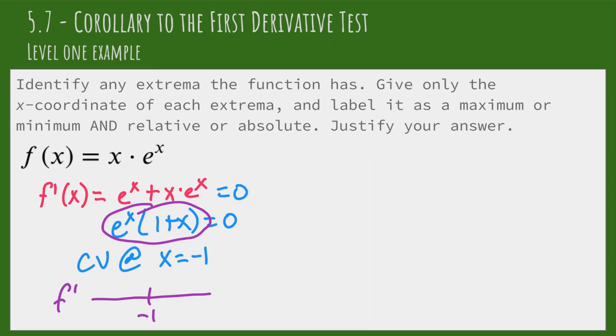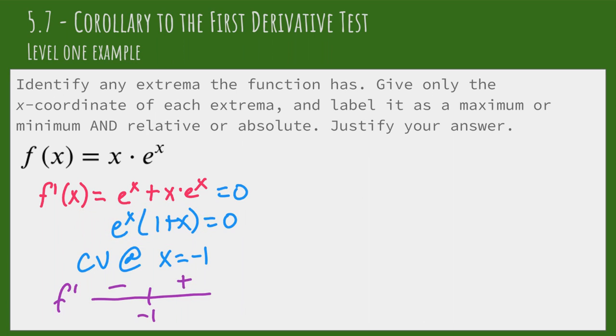E to the x is always positive, and 1 plus a big negative number is going to be negative. So this is going to be negative on this region. And then if we plug in any number bigger than -1, so any positive number, 0, anything like that, we're going to get a positive times a positive, which is a positive.